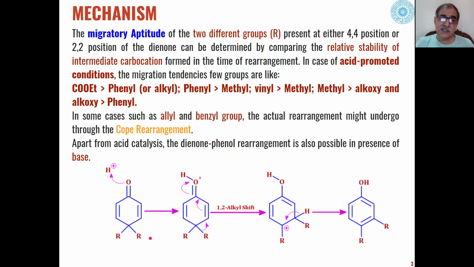The basic thing is that in the first step the acid reacts with the oxygen of the carbonyl to give us this type of cationic species, and you can see over here that the positive charge is present on oxygen, and in comparison to carbon the positive charge on oxygen is less stable because oxygen is more electronegative in nature.